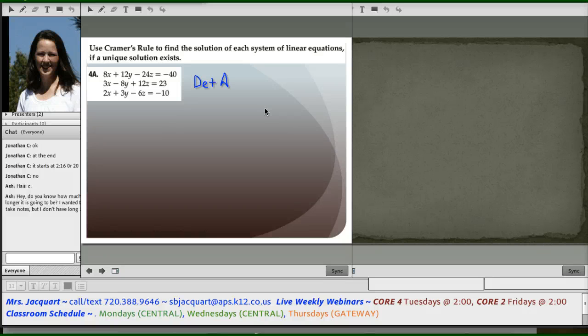We'll call it the determinant of A. We're going to do 8, 3, 2, 12, negative 8, 3, negative 12. Uh-oh, I totally ran out of room already. Delete it all. Let's try again.